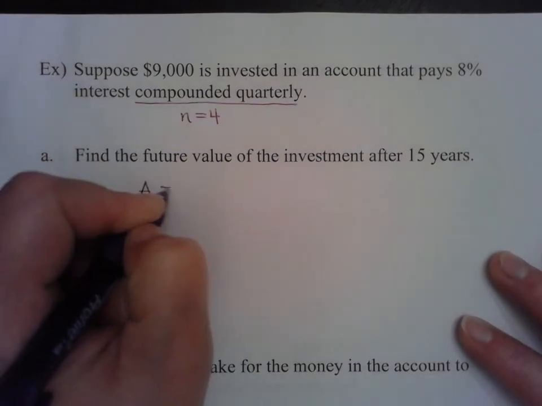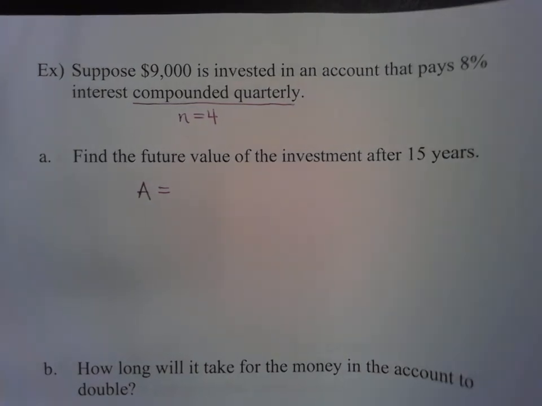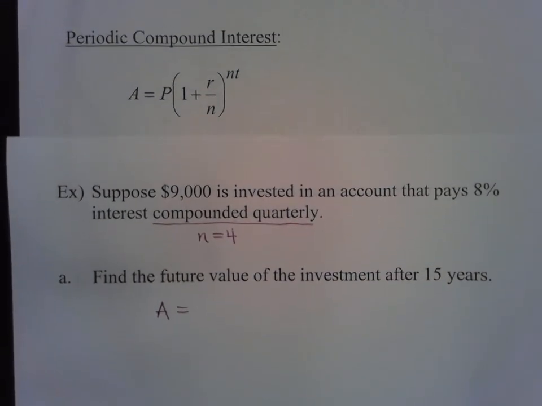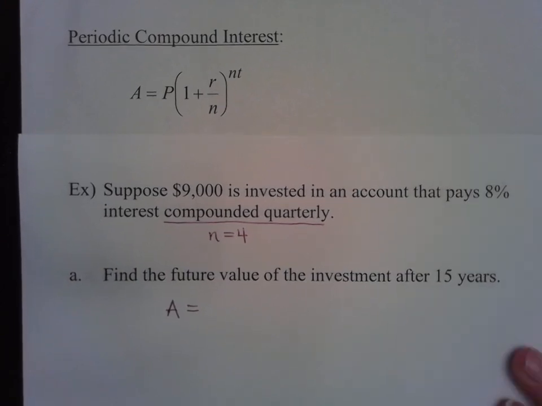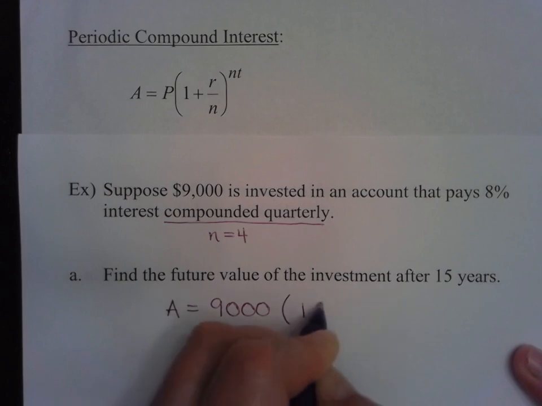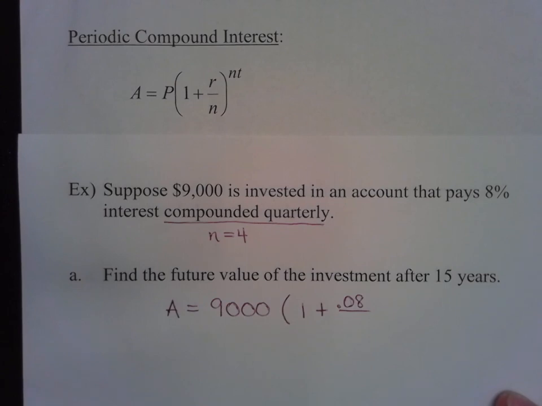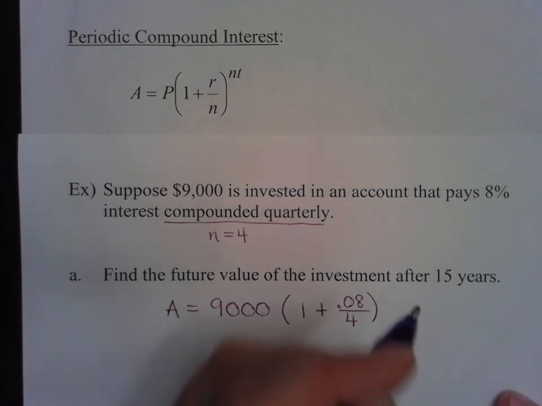So we're going to plug into our formula. Since it's quarterly, we're going to use the periodic compound interest formula. Our principal would be the 9,000 times 1 plus 8% as a decimal. If I get 8% per year, and I'm going to add the interest 4 times, I'm going to divide my 8% into 4 equal parts.